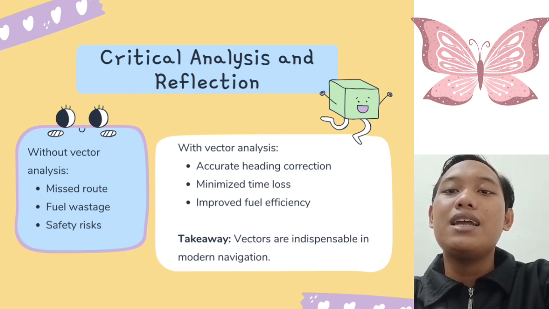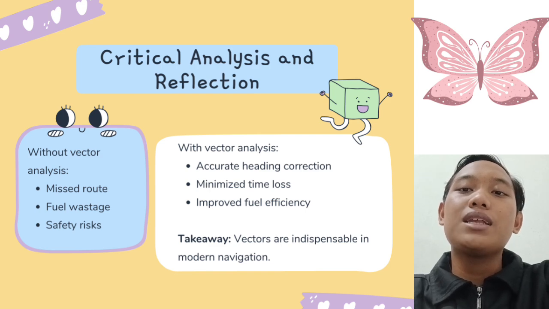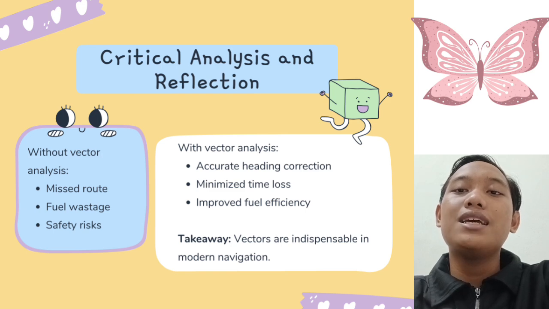He would likely burn more fuel trying to fix the mistake later and risk passenger safety. This comparison highlights why vector analysis is not just a mathematical concept, it is a practical tool that keeps flights and ships on track, saving time, fuel, and most importantly, lives.